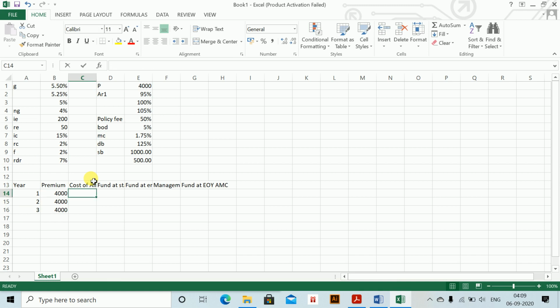Cost of allocation is equal to 4,000 into 95% into the bid offer spread, 1 minus 5%, and the whole of this minus 50, the policy fee.